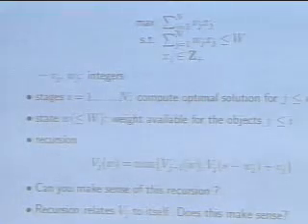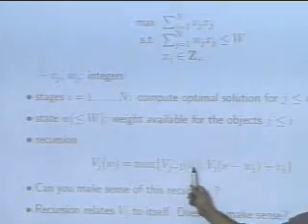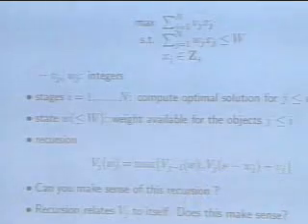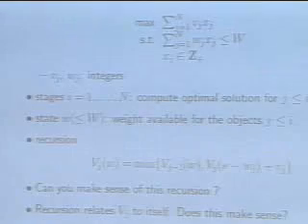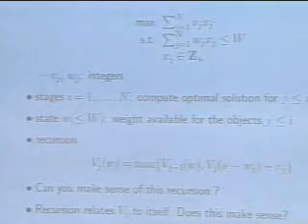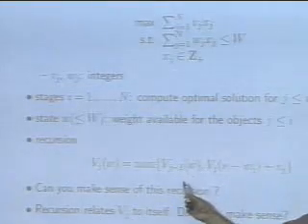If I don't pick up the jth object, what is the most revenue that I can generate? It's Vj minus 1 of W. The total bag weight that I have is W. I'd elected not to pick up the jth object. Therefore, the total bag weight of W was available for objects j minus 1 and smaller. And the best revenue that I could get out of there was this.